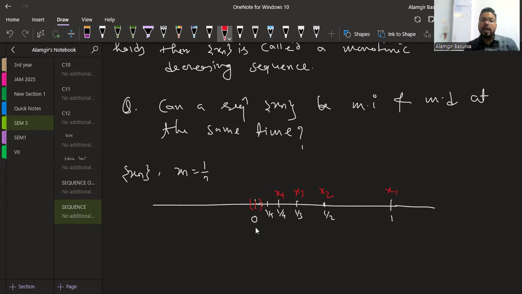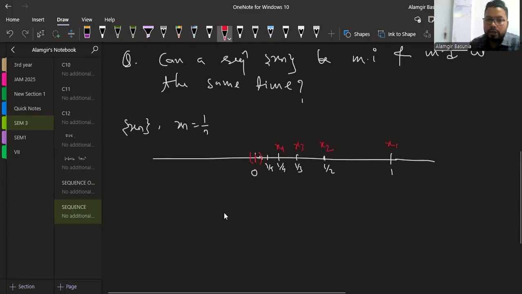So if it happens that after some finite number of terms, all the remaining terms belong to a particular neighborhood, and that happens in every case, then we say that sequence converges to that particular number.